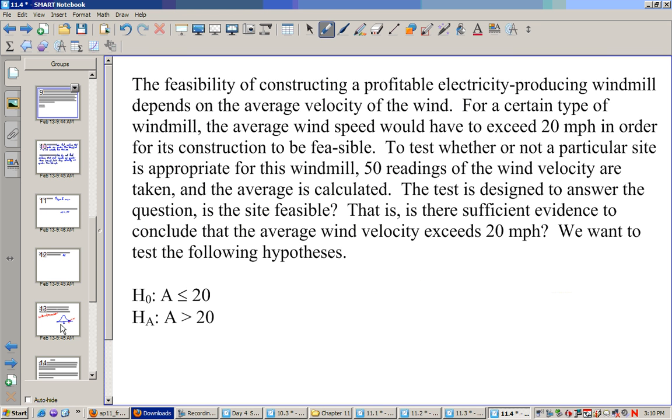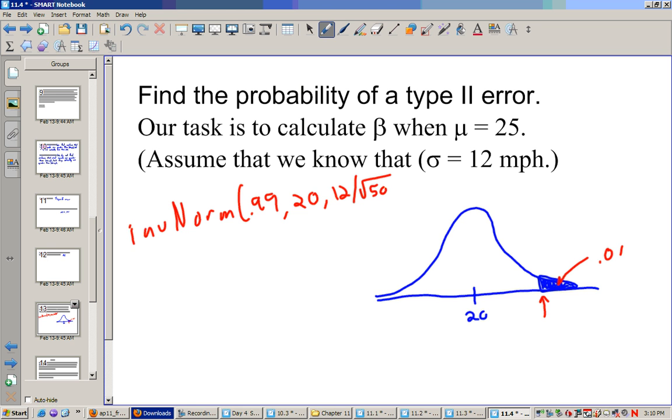Yep, 50 readings. So inverse norm, 0.99, comma 20, comma 12 over the square root of 50, and I get 23.95.